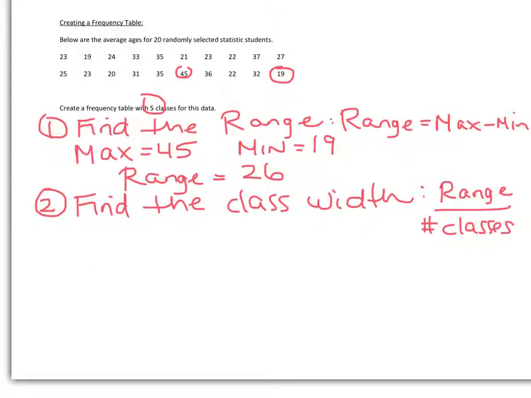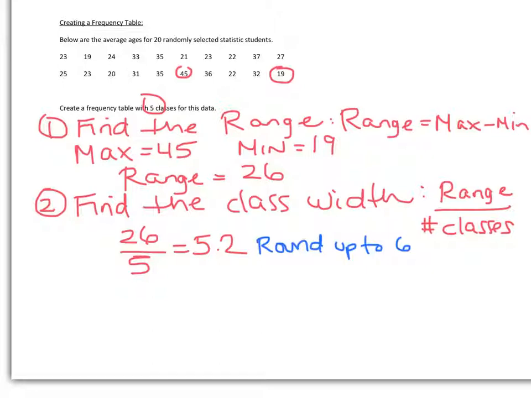We said our range was 26, and we're going to divide it into 5 classes. It doesn't come out whole, and that sometimes works to our advantage, because it comes out to be 5.2. I don't want that to be my class width. I want my class width to be whole, so I have to round this up. It's got to go up to 6.